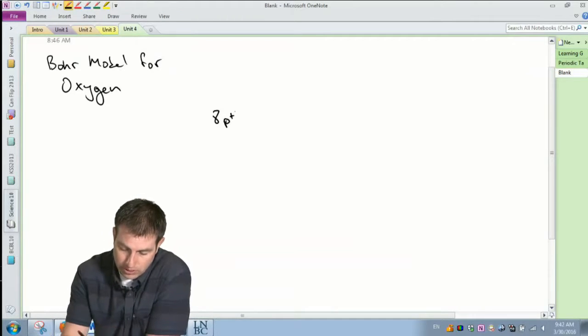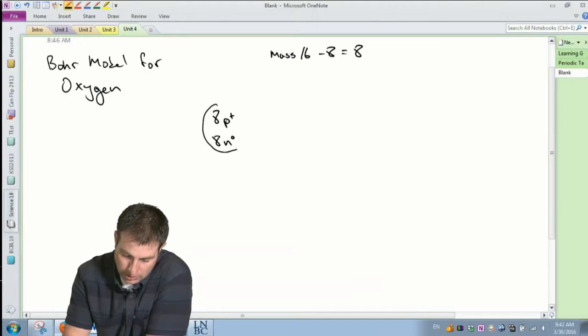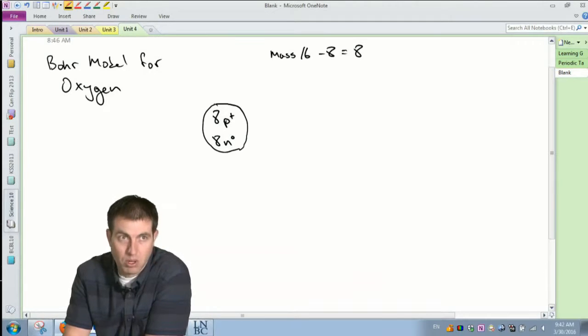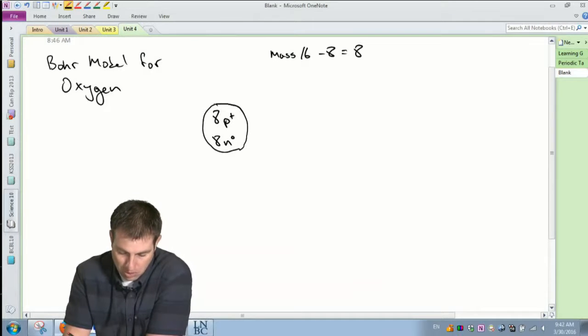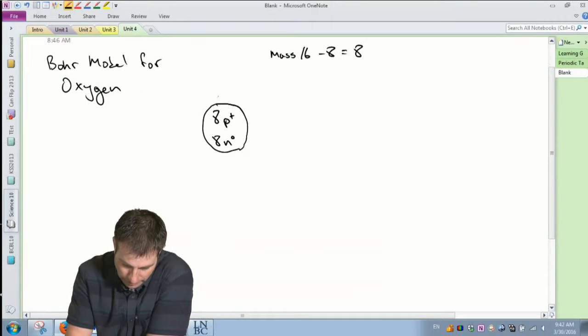And we did a calculation. The mass was 16, so we went 16 minus 8, and that gave us 8 neutrons. So I'm going to put that in the middle of my Bohr model. I'm going to apologize in advance for my circles for my Bohr model. They're not going to be great.